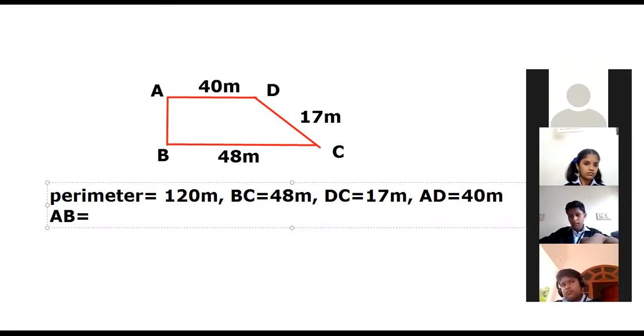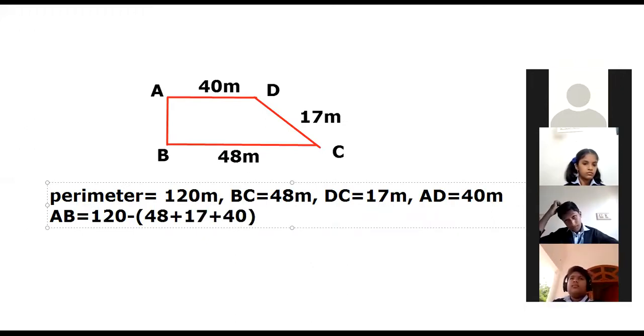So AB will be equal to 120 minus (48 plus 17 plus 40). Clear? That is equal to 120 minus 105, since 48 plus 40 is 88, and 88 plus 17 is 105.